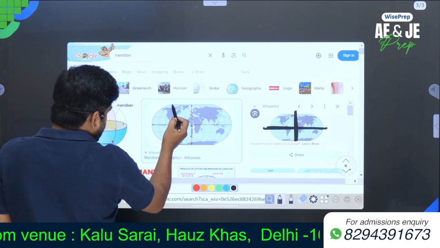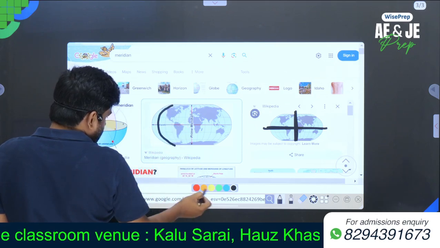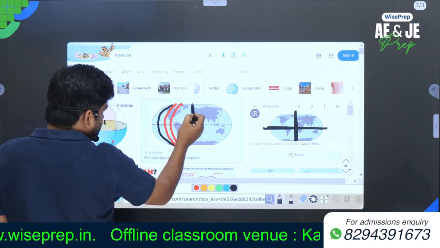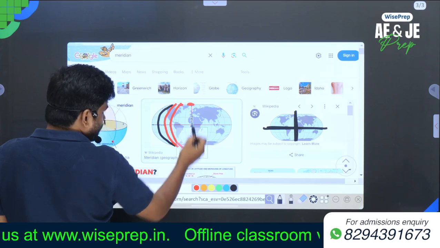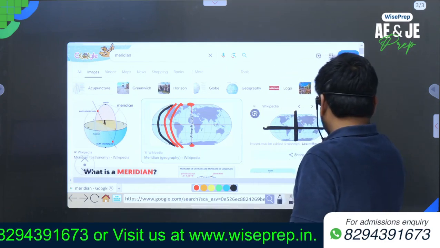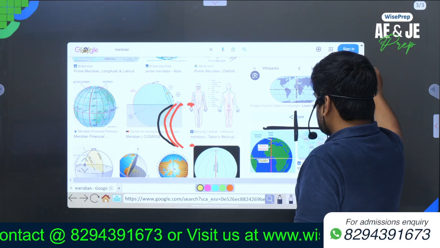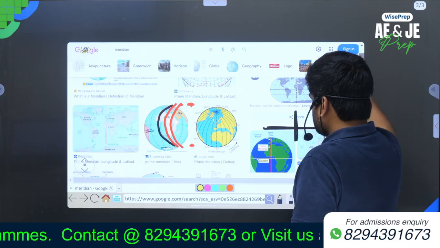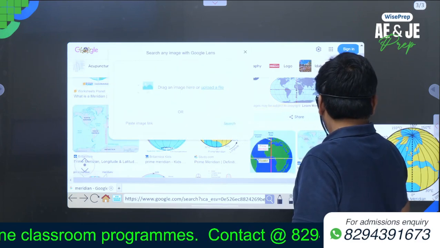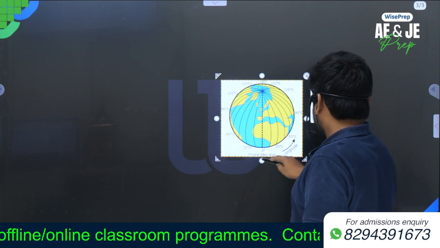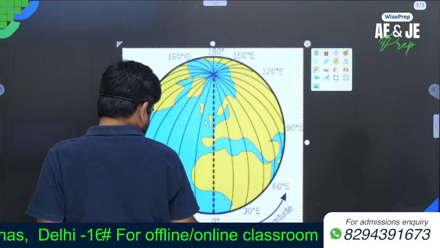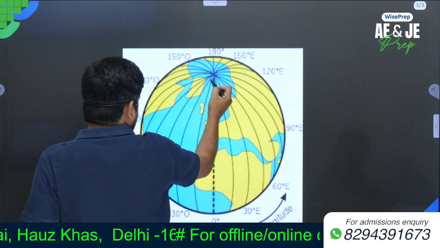So see here, every line is passing through or converging at this point. All these are meridians.